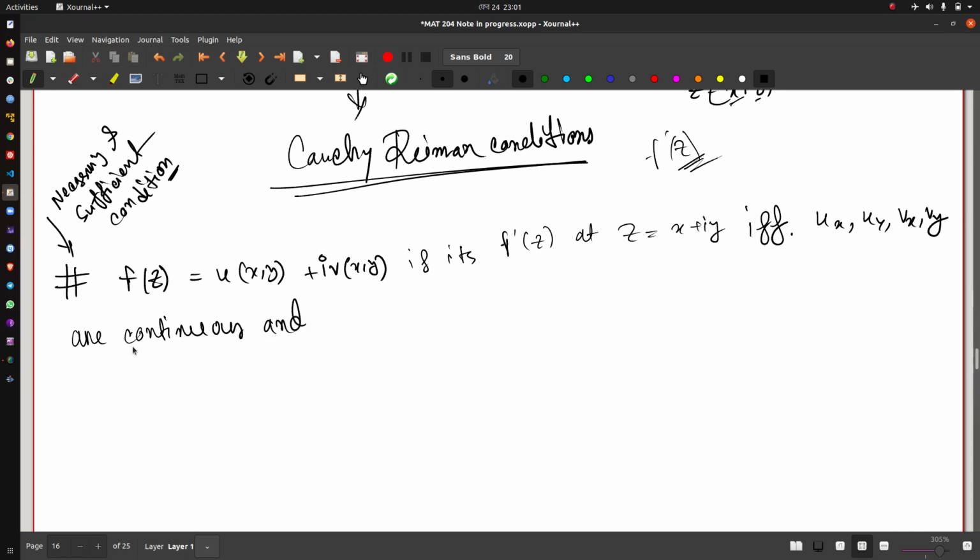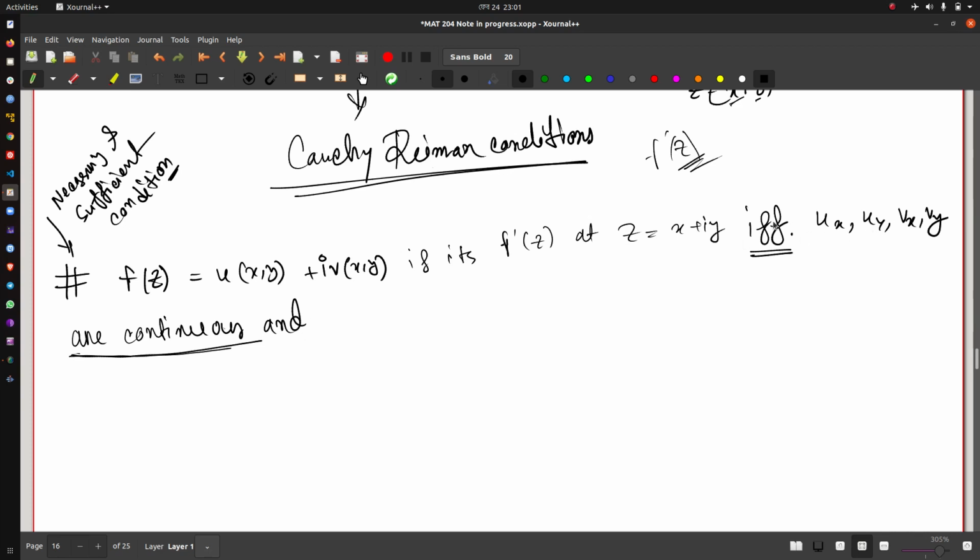And so this is one thing. When you say if and only if, that also means necessary and sufficient condition. So this continuity is necessary, and then the sufficient part would be coming from the Cauchy-Riemann conditions.